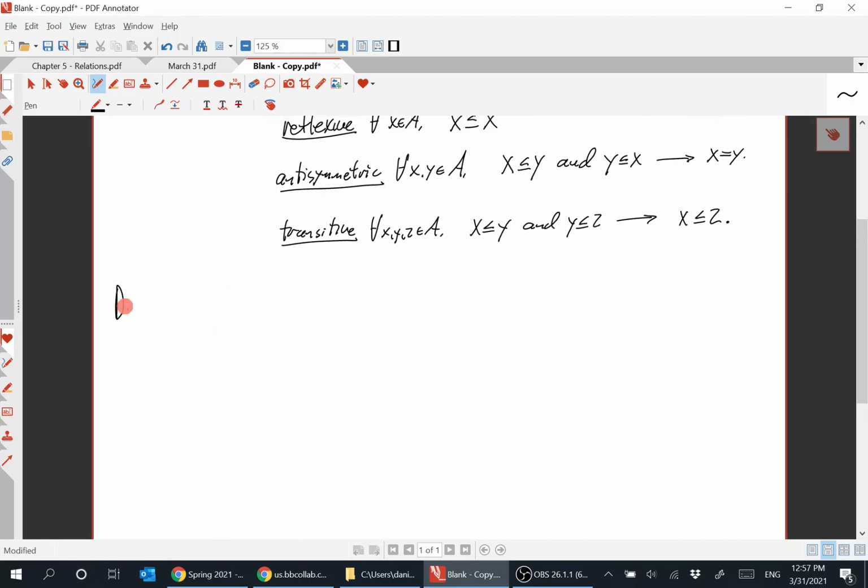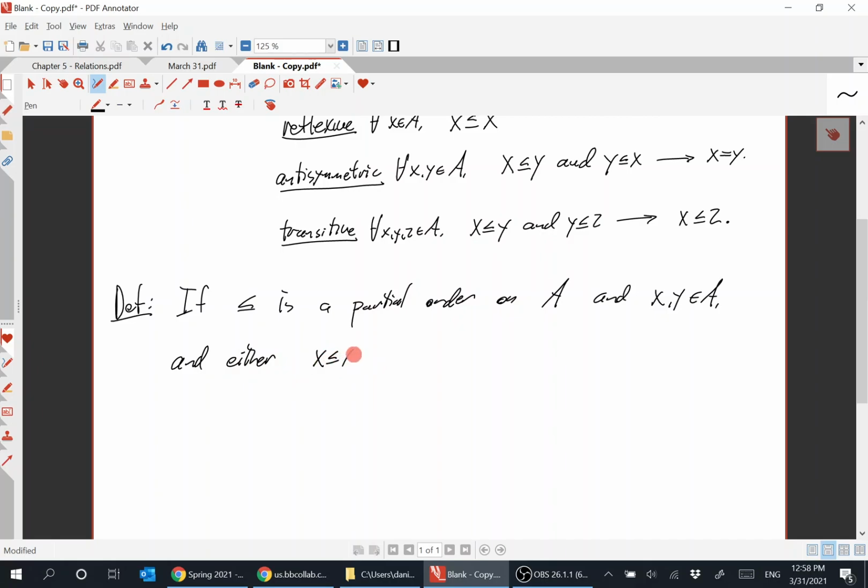So, another definition. If this is a partial order on A, and x, y are in A, and either x is less than or equal to y, or y is less than or equal to x, then x and y are said to be comparable.